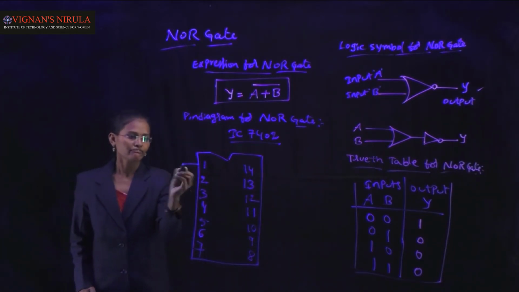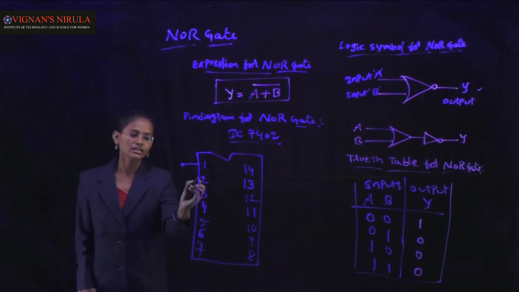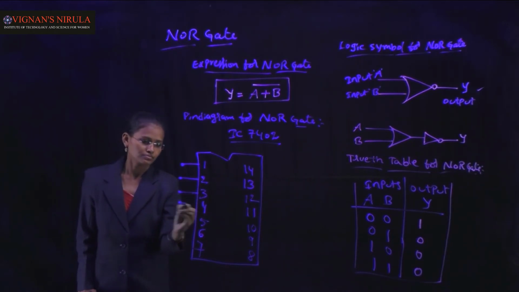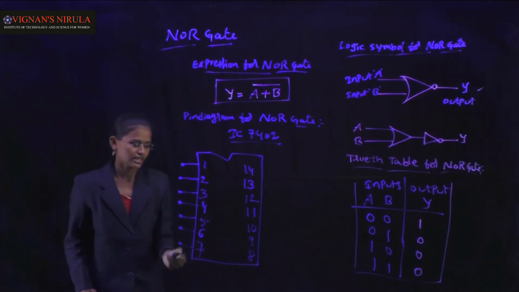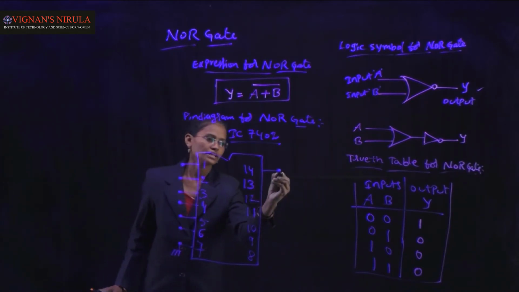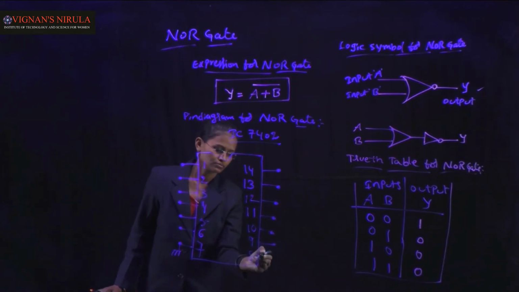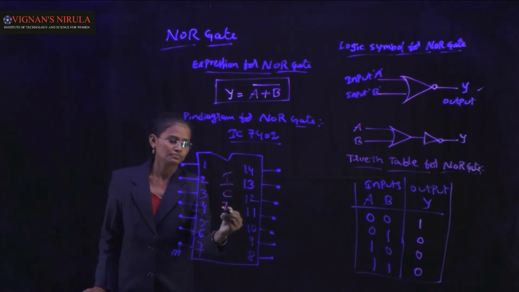Okay, here first pin is connected to the output and 2 and 3 are the inputs. 7th pin is connected to the ground and 14th pin is connected to the VCC, that is the power supply. Okay, here by using IC 7402.